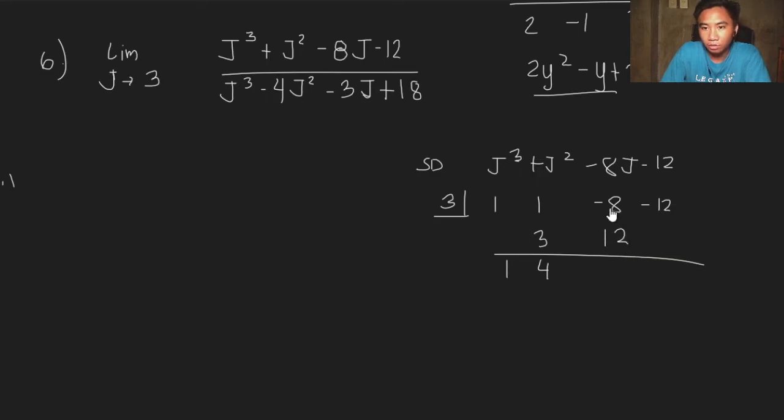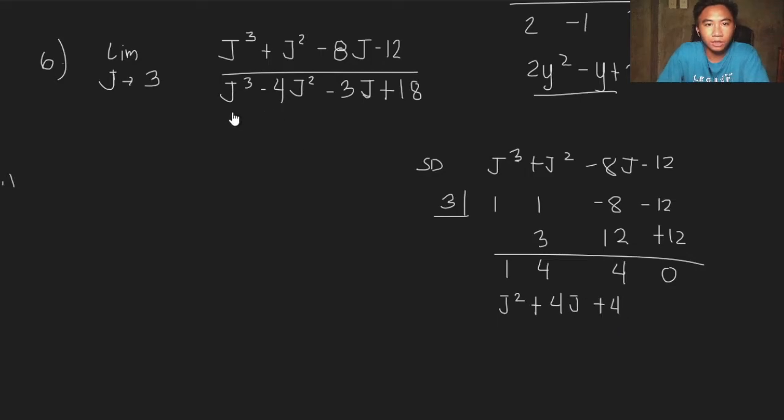Negative 8 plus 12 is 4. 4 times 3 is 12. Negative 12 plus 12 is 0. So, our new answer is j squared plus 4j plus 4.